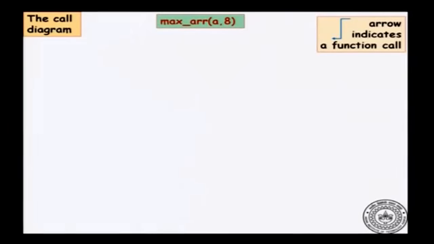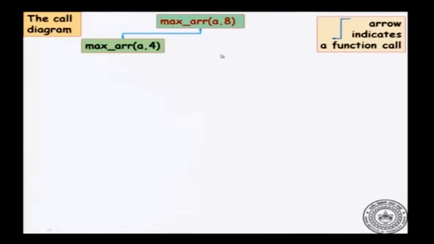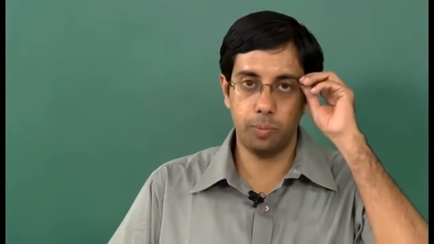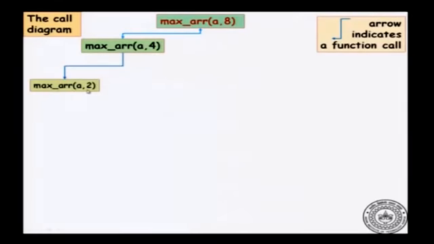Max array a comma 8 calls max array a comma 4. The way function calls in C work, you will go to the second half of this problem, which is a plus 4 comma 4, only after max array a comma 4 is completely done. So let us see how max array a comma 4 will execute. It has two subproblems again, and let us look at the first subproblem, which is max array a comma 2.